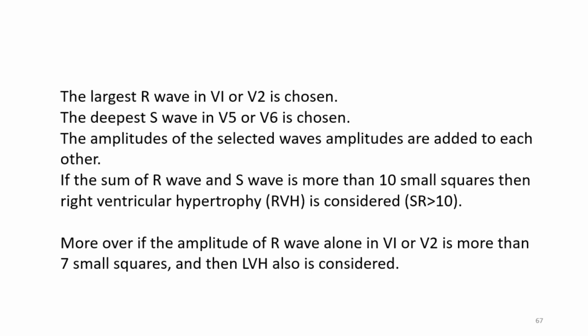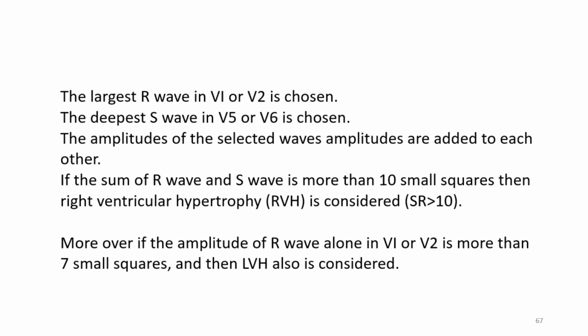The largest R wave in V1 or V2 is chosen. The deepest S wave in V5 or V6 is chosen. The amplitudes of the selected waves are added to each other. If the sum of R wave and S wave is more than 10 small squares, then right ventricular hypertrophy is considered.